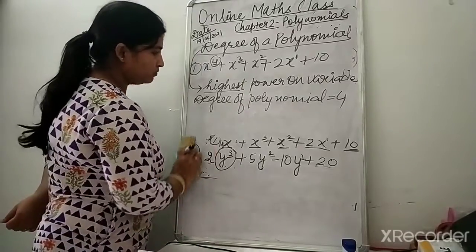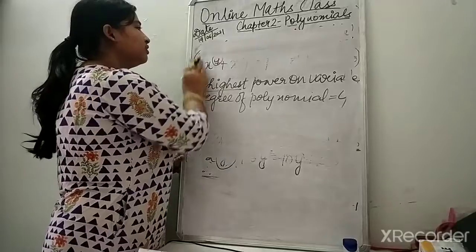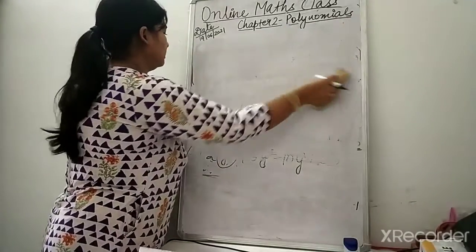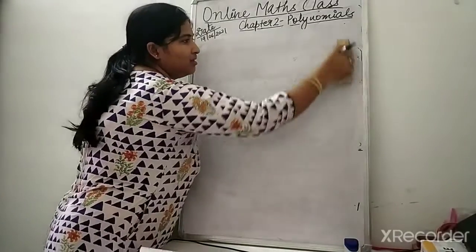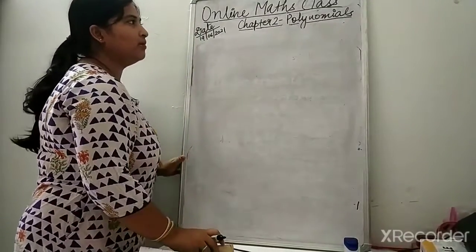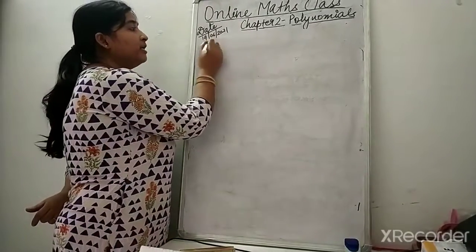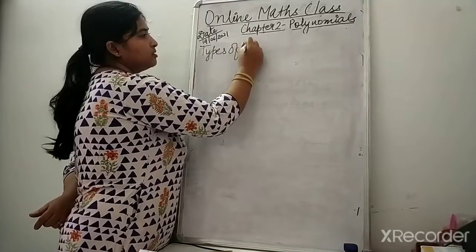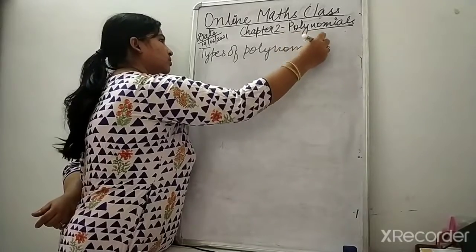Now the new topic, and the last one for this exercise 2.1, is types of polynomials. Beta, there are basically more than 3, but in our syllabus it is only 3, so we will discuss only those.